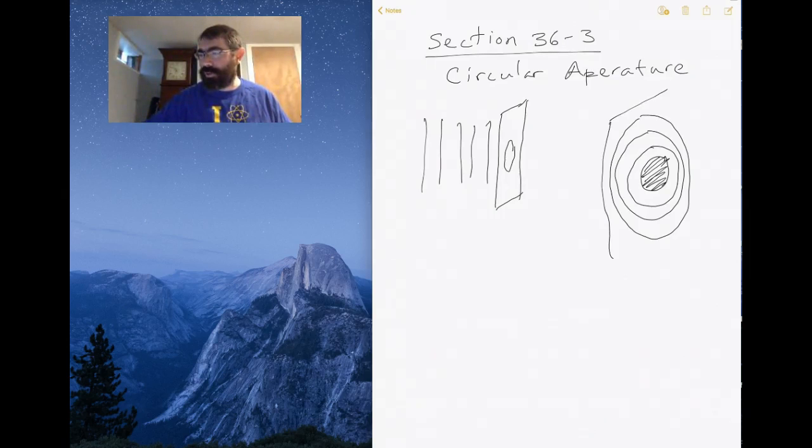So that's what's going to show up on the screen on the other side. You would see a similar pattern: a bright central maximum, dark rings, then bright rings and dark rings and bright rings. The derivation for this, again, is a little bit more complicated.